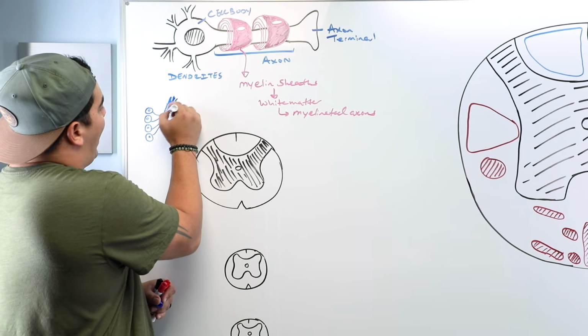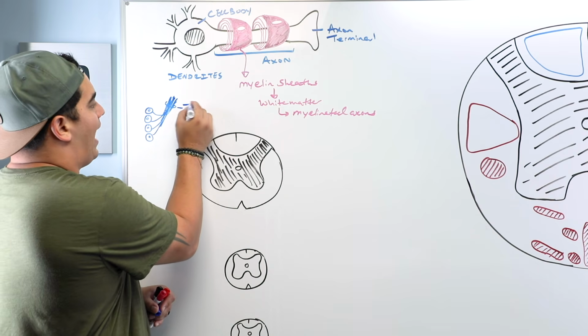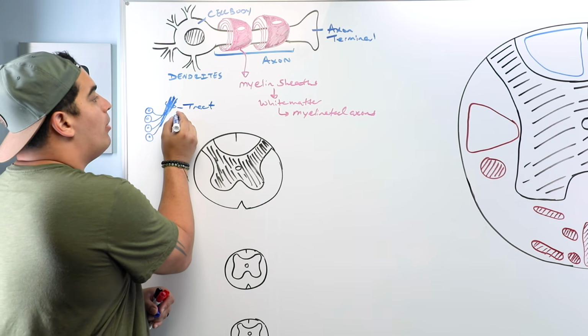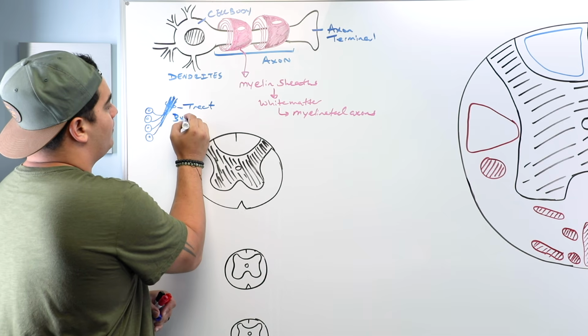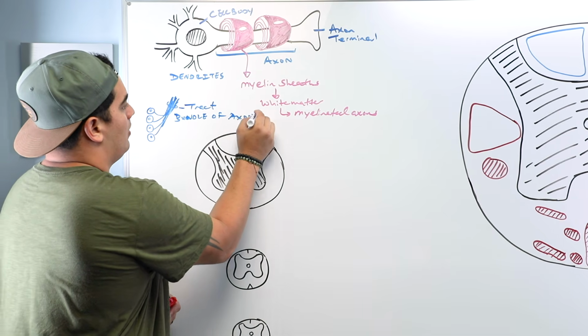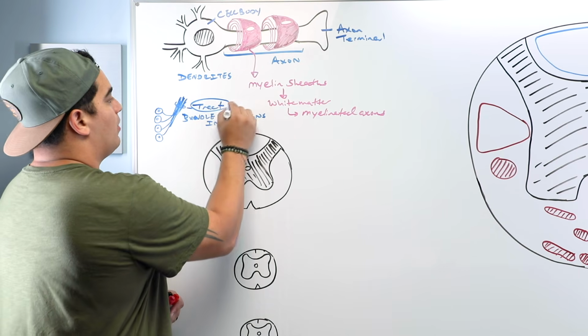This whole bundle of axons is called a tract. So what is a tract? A tract is a bundle of axons in the central nervous system. Boom. That's what I want you to know.